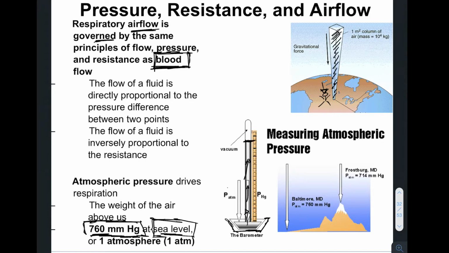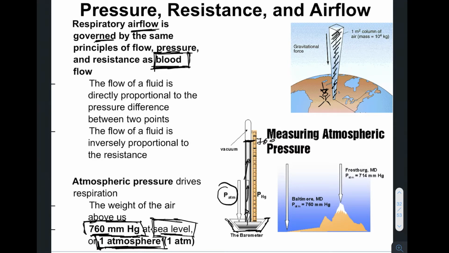So basically, the atmospheric pressure was pushing the mercury down, and that mercury was basically being forced to go through that cylinder. So that ends up being 760 at sea level, or sometimes we'll just say 1 atmosphere, right? 1 atmosphere is the same as 760 millimeters of mercury.